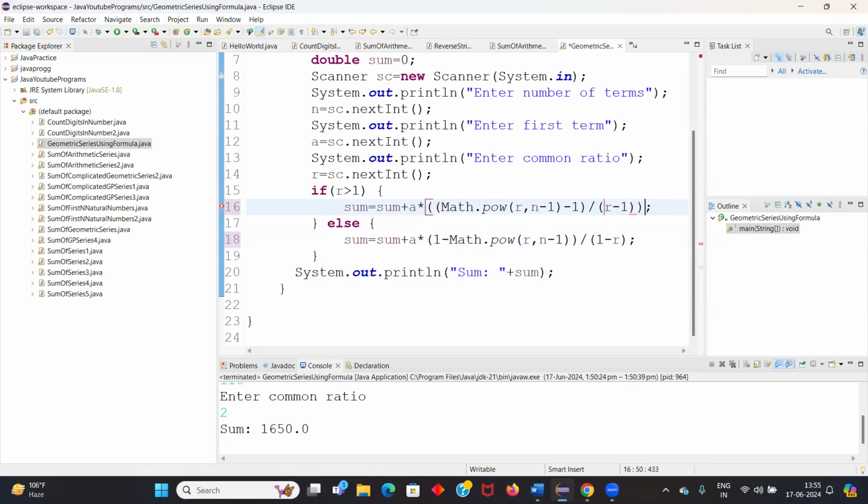Let's see if it works. There must be some issue with the brackets only. That's why the answer is not correct. Let's save it and let's run it.